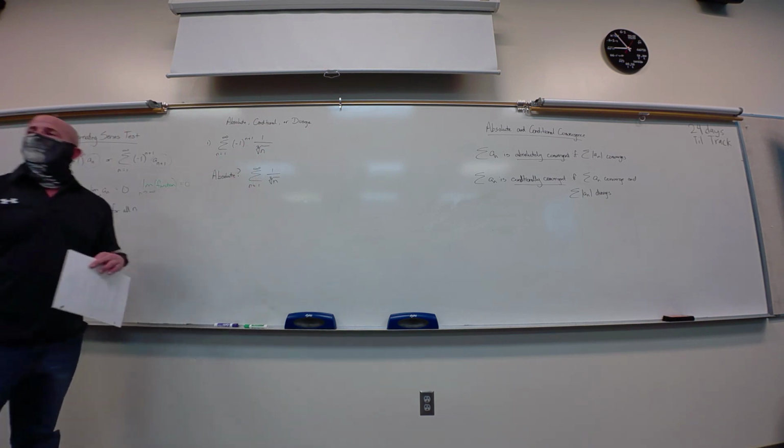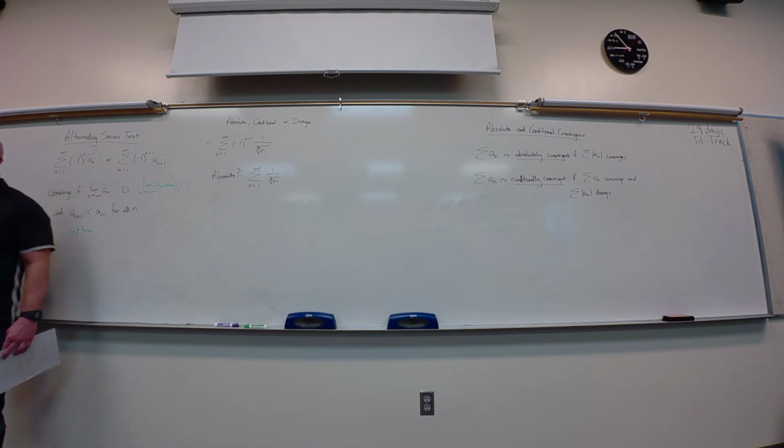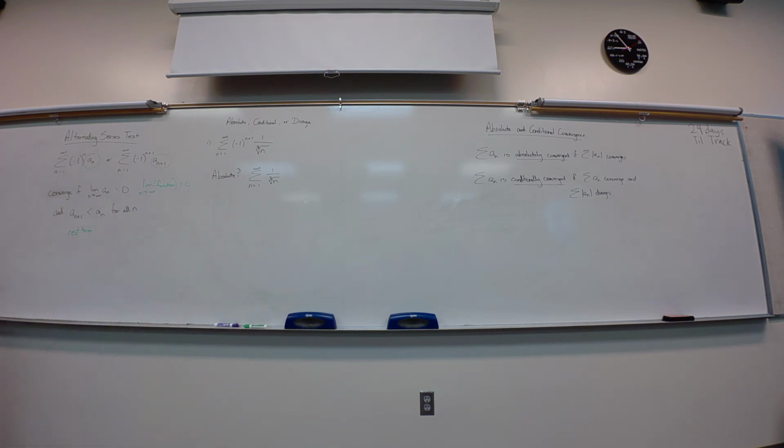This goes back to any of those other tests we've done. What do you think? 1 over the cube root of n. Converge, diverge, reason? It diverges. It's less than 1.